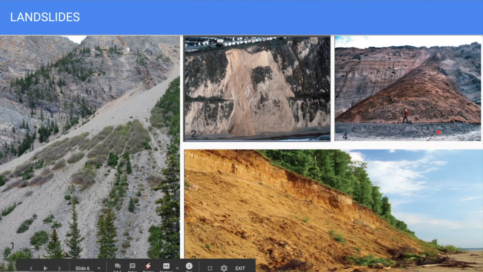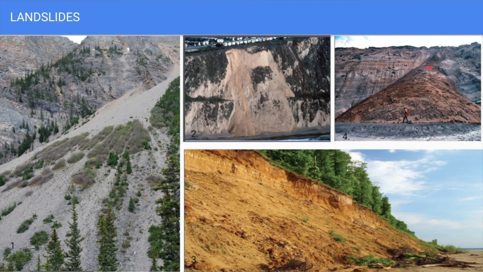Now, picture number 4 is a landslide that also occurred in California in 1989. This landslide was caused by an earthquake, which we will be learning about next.